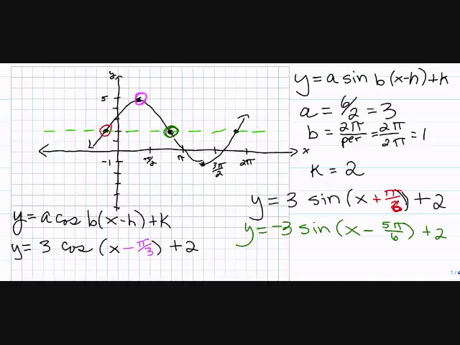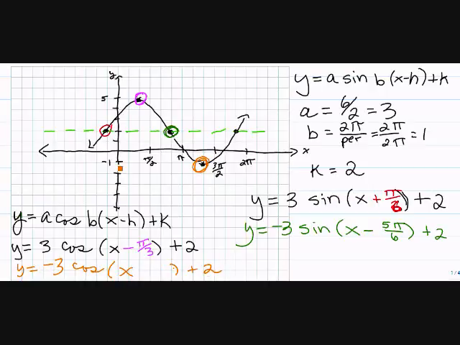Or I could think, oh, I see a minimum over here. Negative cosine starts at its minimum. So I could write my equation as y equals negative cosine, so negative 3 cosine x minus something, plus 2.